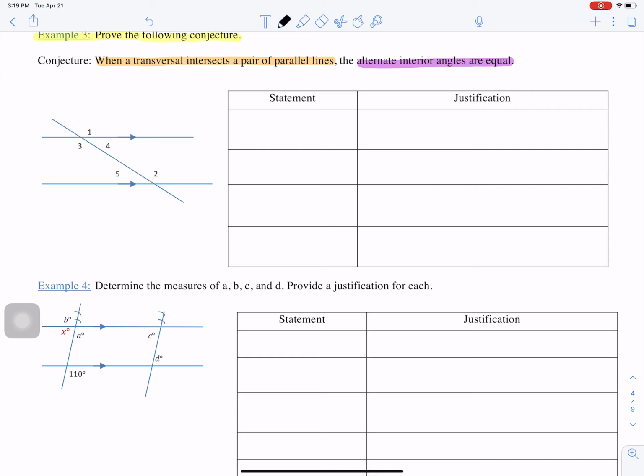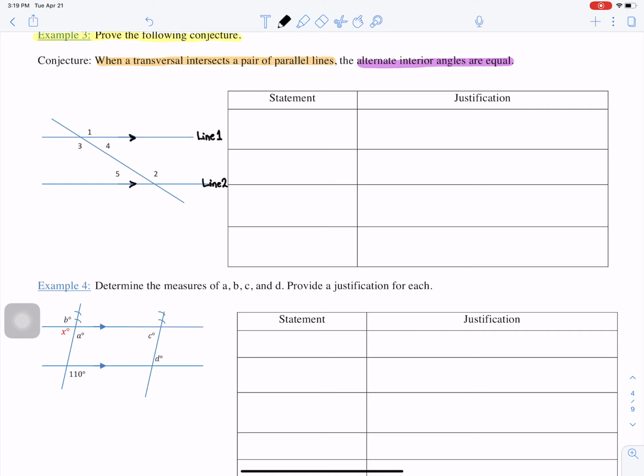So let's start with what we're given. I'm going to label my lines line 1 and line 2, which are both strictly horizontal. Those lines are parallel because that's given in the question. They've indicated that to you by putting a little arrow on line 1 and line 2, indicating they're the same.